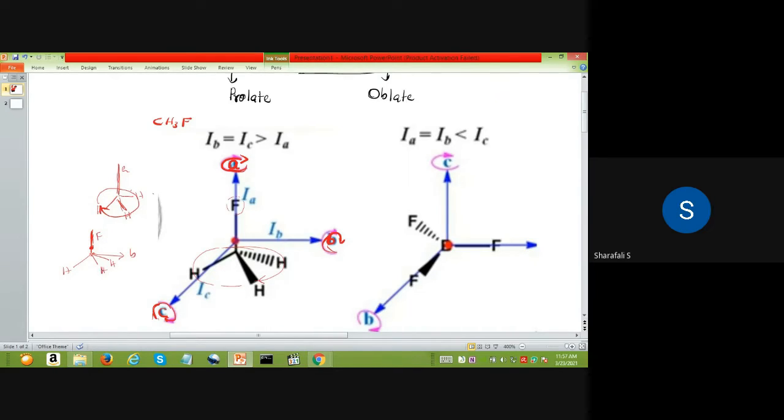The others are hydrogen, so they do not have that much mass, I mean, comparatively smaller. So your axis B is this one. This is your B axis. With respect to this, the molecule will be rotating like this.